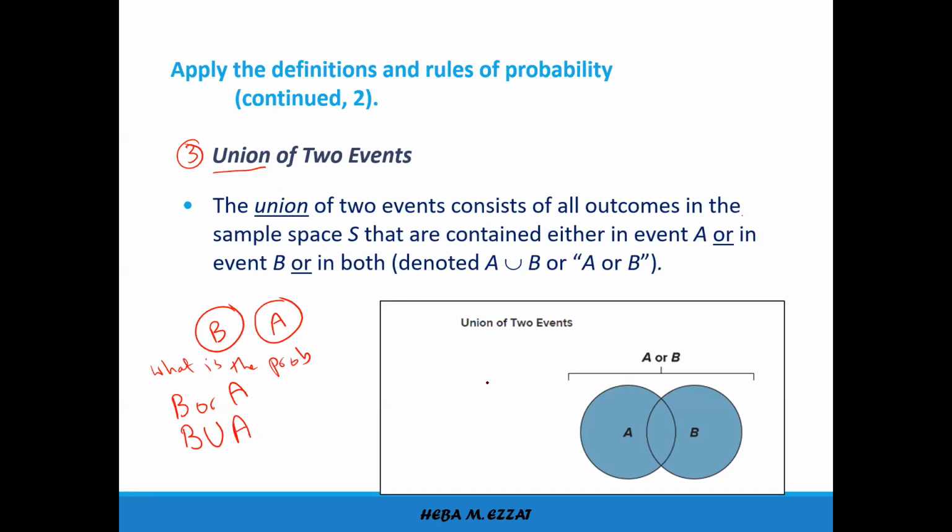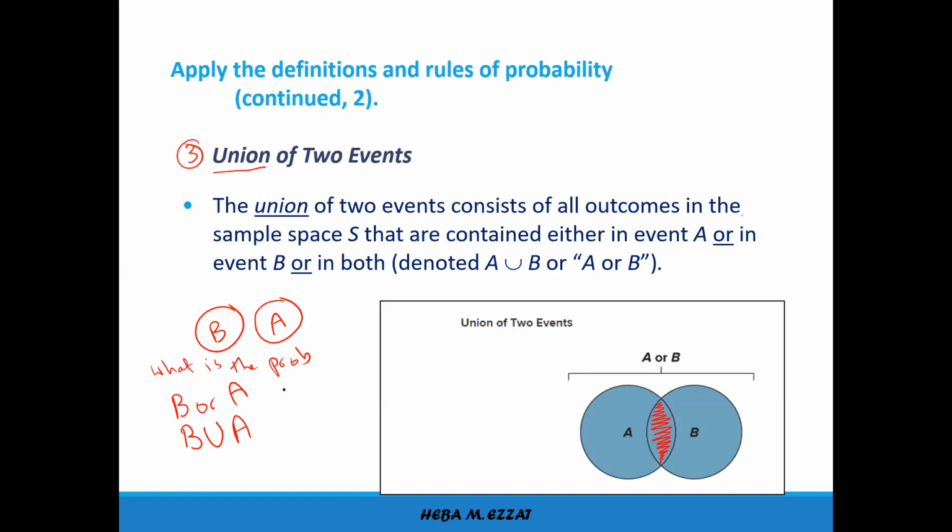So here, if we have two events like this, they are intersecting in this area. There is an intersection area between A and B.